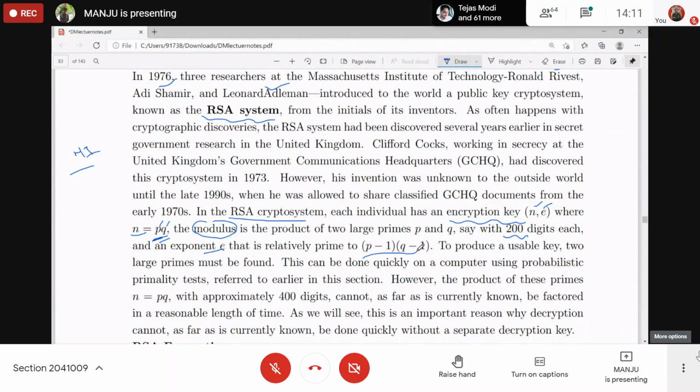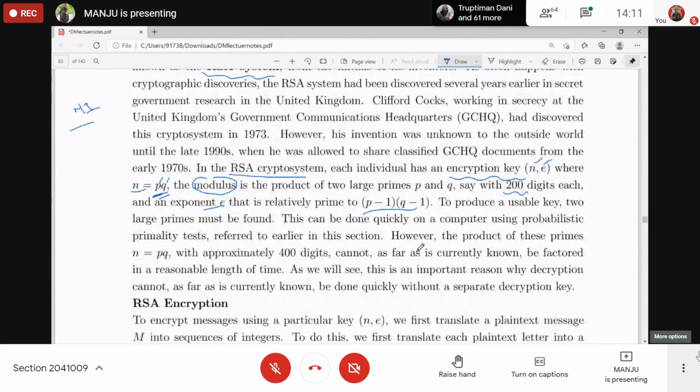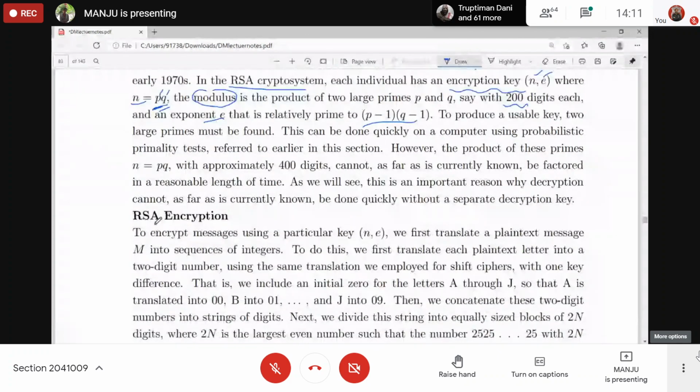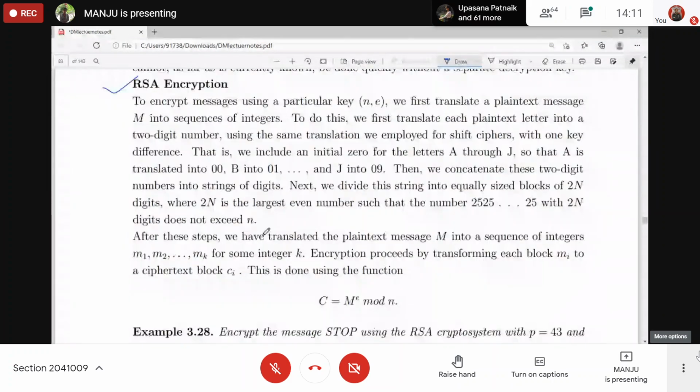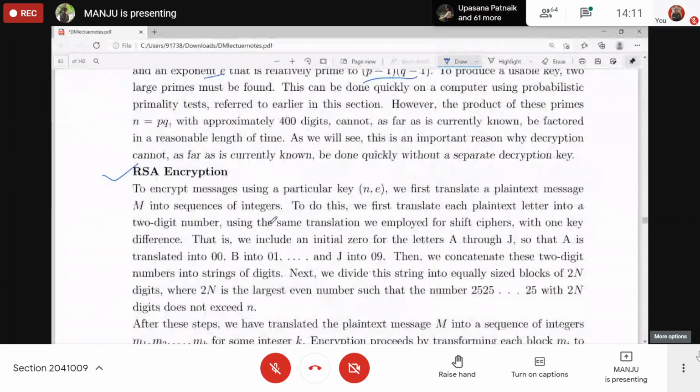To encrypt the message, we use this encryption key (N, E), which is given, and we will learn how to decrypt it later. We first translate the plain text into integer form.